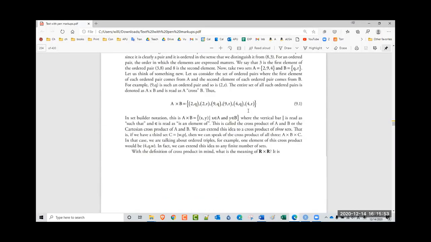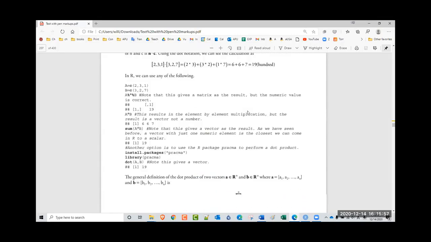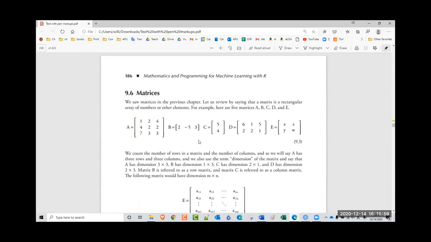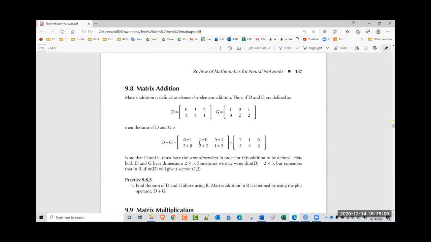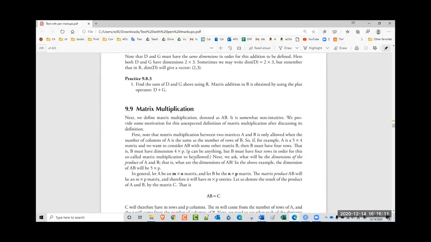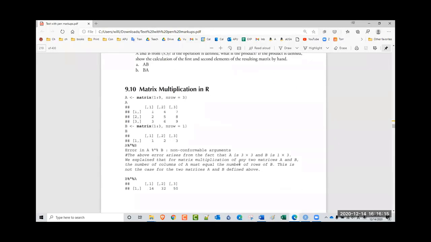So we have the concept of vectors, and we can add them and multiply them. We have matrices, and we can think of a matrix as a bunch of columns, and we can add matrices. We can multiply matrices like we did last time.